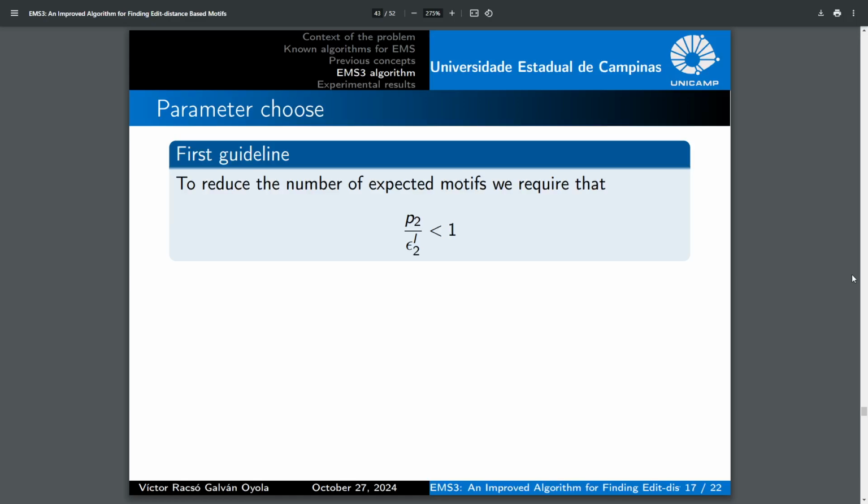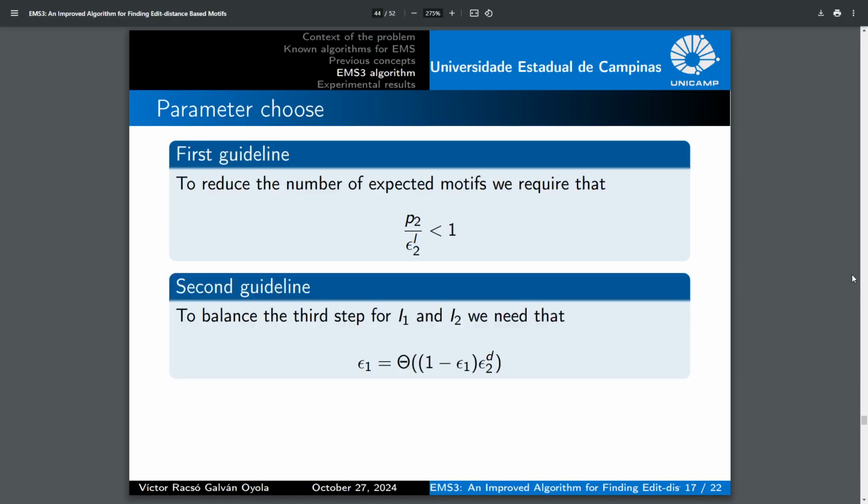The first guideline is that if we want to reduce the number of expected motifs, we require that P2 over epsilon 2 to the power of L is less than 1, just as the expression that we seen before of the expected number of motifs in C, which is equal to the number of L-mers, the size of sigma to the power of L, times P1 times P2 over epsilon 2 to the power of L. If we reduce it the most, then we are improving our expected complexity on the number of motifs.